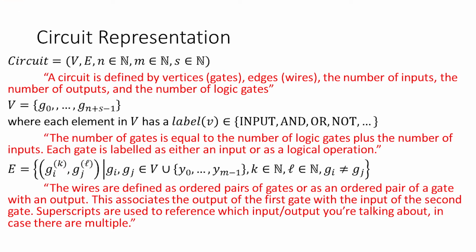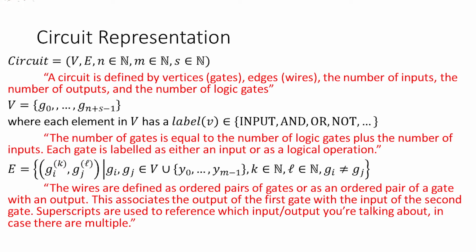So now that we've identified all the components that we have in our circuit, let's go ahead and try to bring these together formally so that we can see what exactly a circuit is going to look like with our representation. What we're going to do is say that a circuit is going to be represented by a 5-tuple, or a collection of 5 different values.